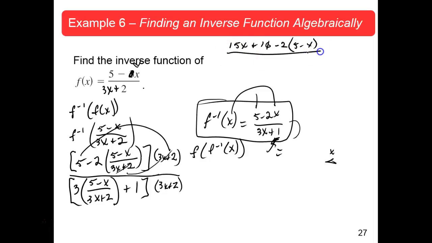That's divided by, when you distribute this times this, you lose your denominator, and that leaves you with 3 times 5 minus x, right? Plus, and that's just 1 times that, so that'll be 3x plus 2, right? 1 times that is actually right.